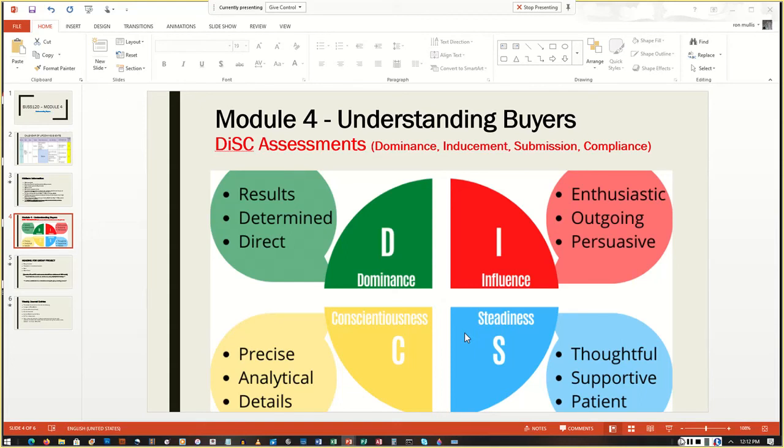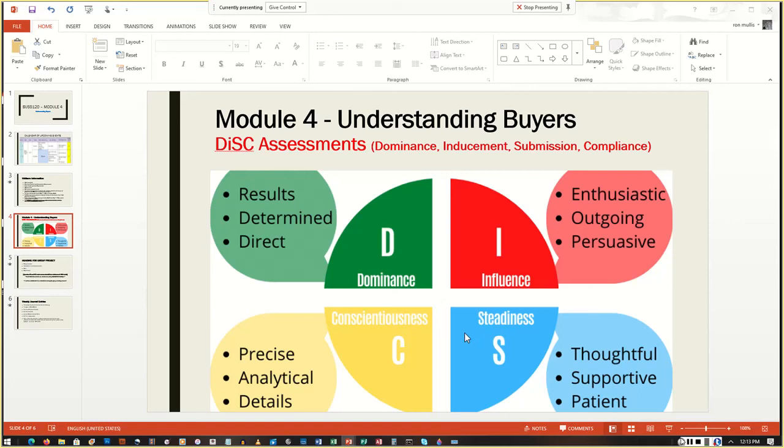One way that this is done is by using the DiSC assessment. This tool is based on the DiSC theory that William Marston came up with. The theory states that there are 4 main types of behavior styles.